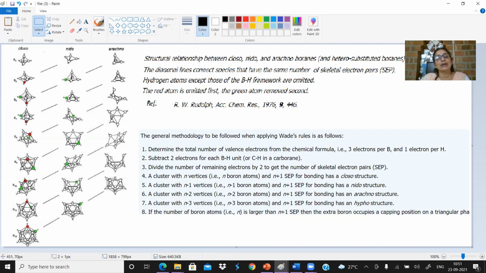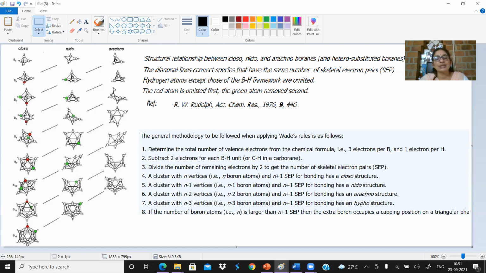And here again you have a more open structure, an arachno. Remember, when the vertex is removed, the framework electrons will be compensated by the charge present on this nido structure. So there is this correlation between the closo, nido, and arachno structures.